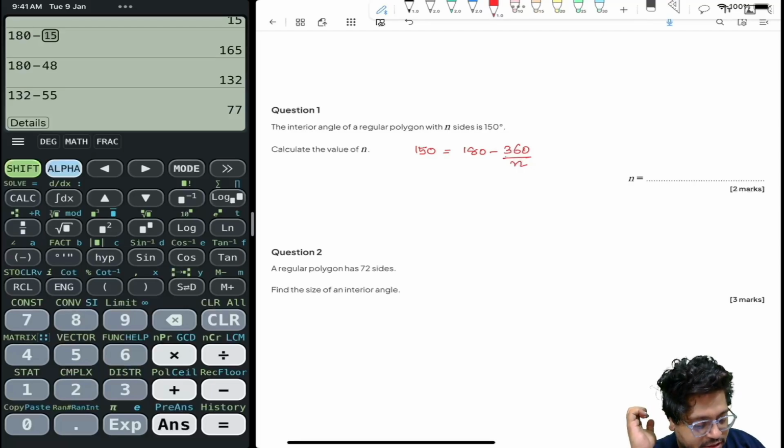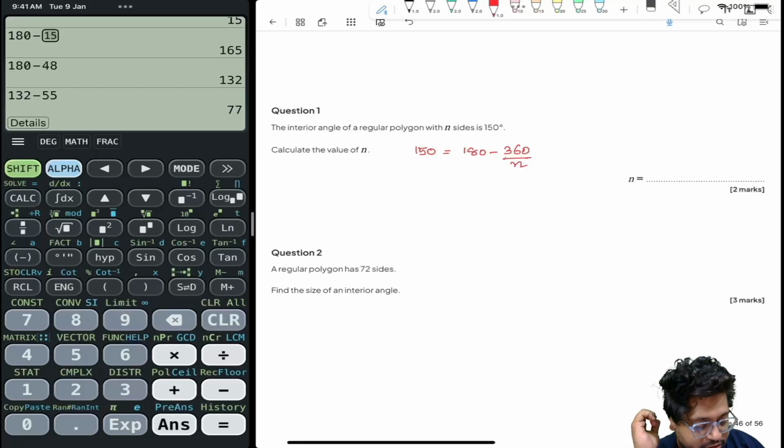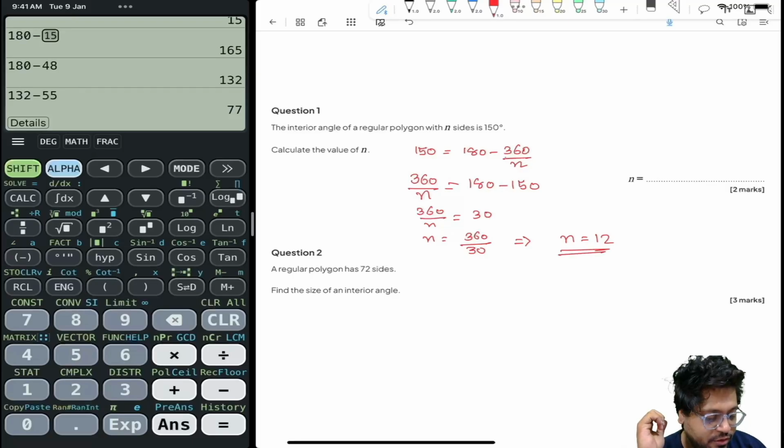For that, let's shift this 360 by n to the left hand side, so that will be positive 360 by n, and this 150 which is positive will be shifted to the right hand side and become negative, right? So 360 upon n is 30, so n will be 360 upon 30, so that is 12. So there are 12 sides.